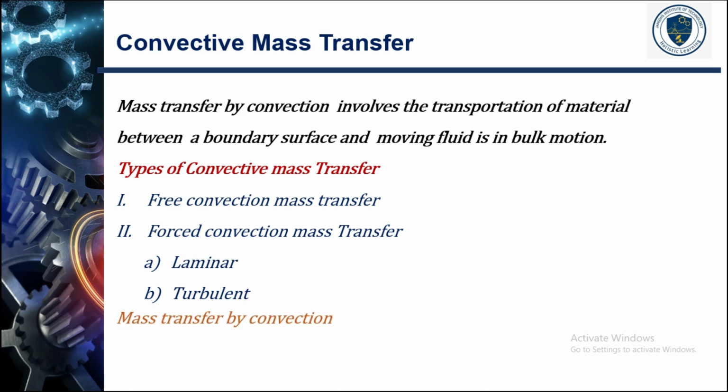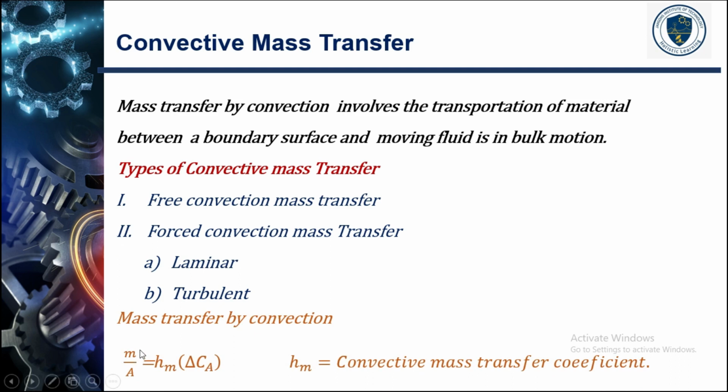Further, to calculate the convective mass transfer, the formula is N_A equals h_m times delta C_A. Here N_A represents the mass flux, h_m represents the convective mass transfer coefficient, and delta C_A represents the difference in concentration.